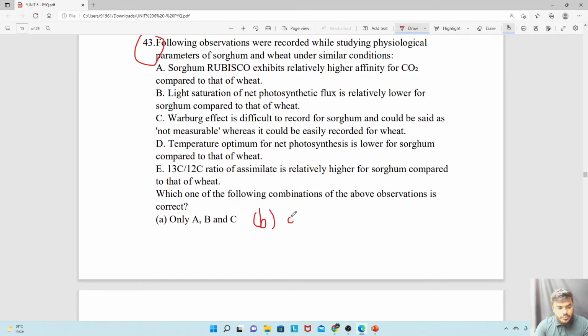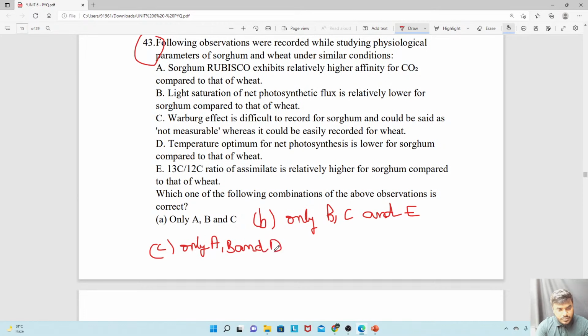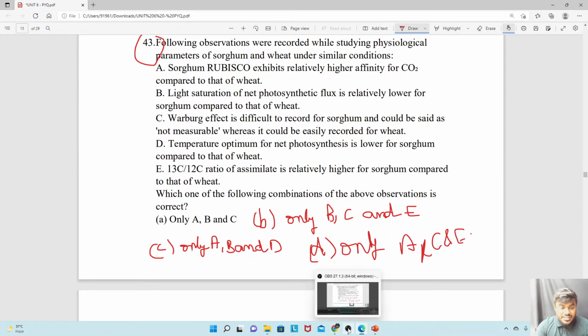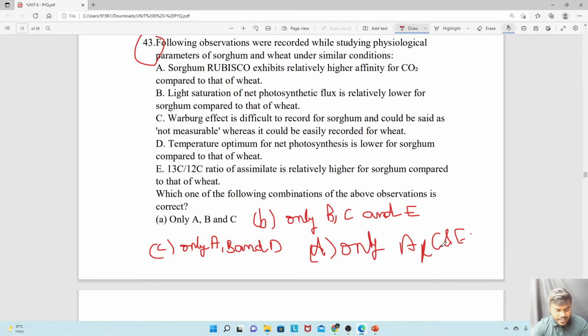Option B, only B, C and E. Then option C, only A, B and D. Then option D, only A, C and E. Think it, friends, think it and answer. I don't know why I pressed this, so sorry. Think and answer.